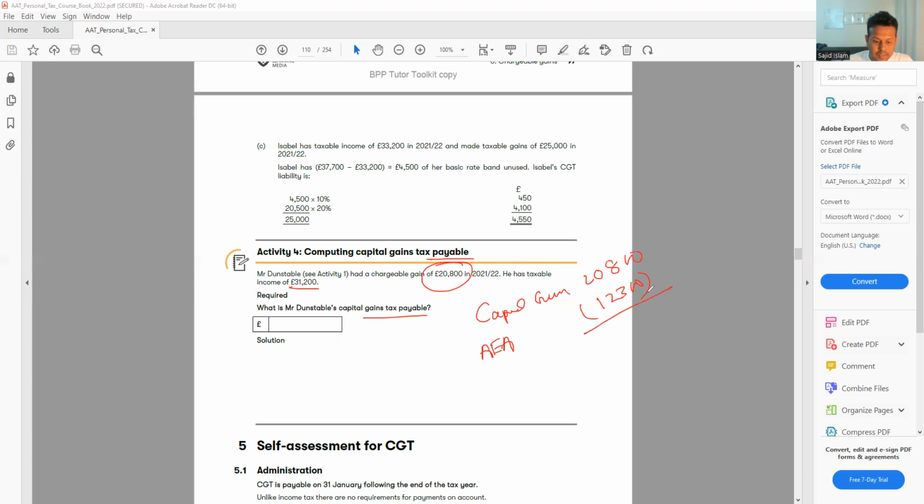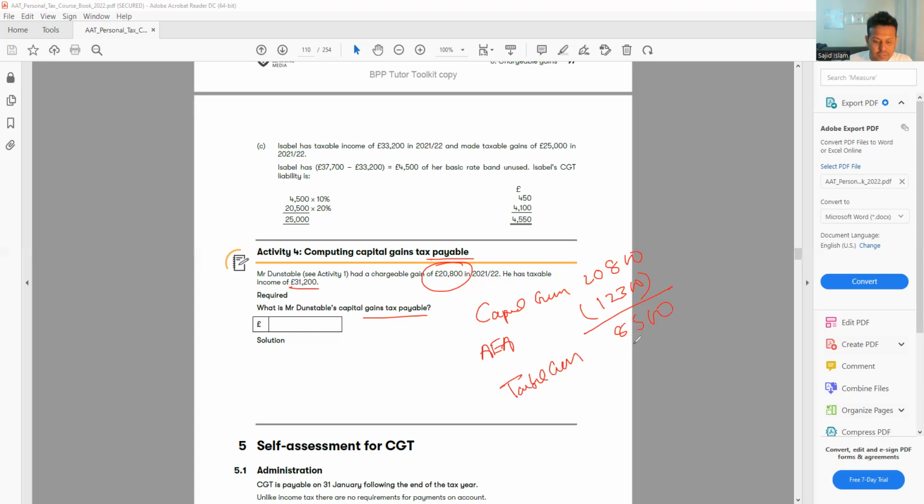We minus that, and that will give us the taxable gain. That gives me 8,500. So from the capital gain, if we minus the annual exemption, the amount we have, we call the taxable gain. So the taxable gain, we have 8,500. Now on this 8,500, we have to pay the tax. Now let's have a look how much we need to pay for the 10% and how much will be the 20%.